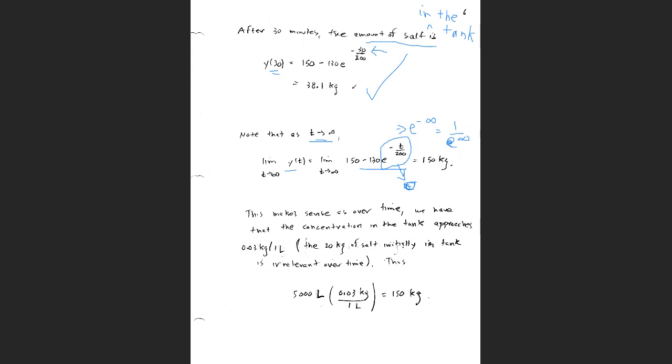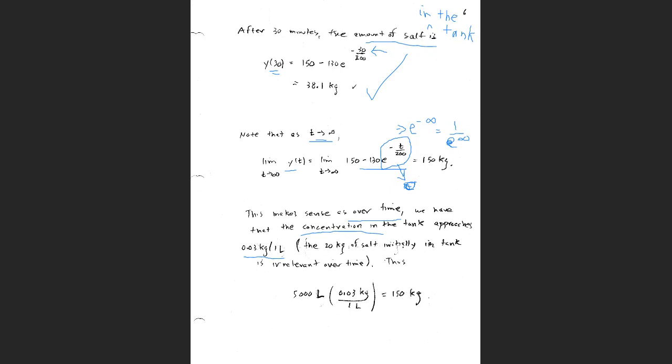But it makes practical sense because over time, the concentration in the tank is going to approach 0.03 kilograms per liter. So it doesn't matter how much salt you start with in the tank. If you're pumping briny solution into the tank forever, over time the solution in the tank is going to resemble the briny solution.